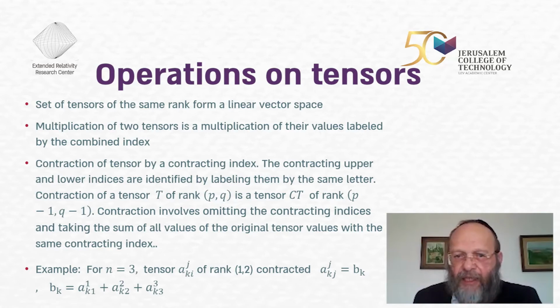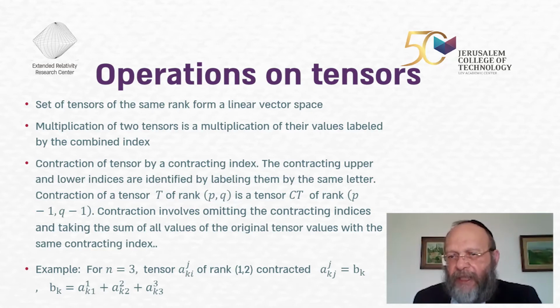Take n equals 3, in order to not spend too much time, and a tensor of rank (1, 2). The top has only one index, which takes values 1, 2, 3, and the bottom has two indices, k and j. I want to contract this upper index with this lower index. I could do it with the first one, it doesn't matter.